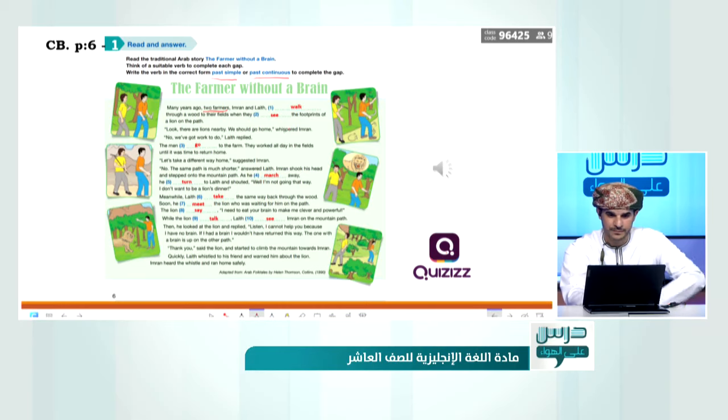Imran and Laith walked through a wood to their fields when they, what? When they, the footprints of a lion on the path. Look, there are lions nearby. We should go home. So they saw what here? Footprints. We should go home, whispered Imran. No, we have got work to do, Laith replied. Okay, and so on.